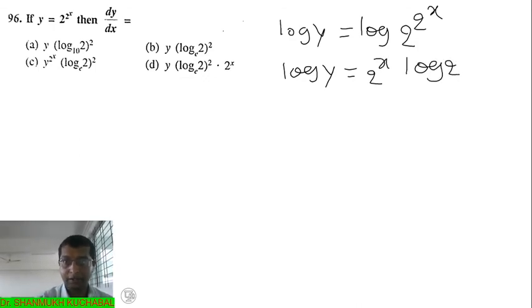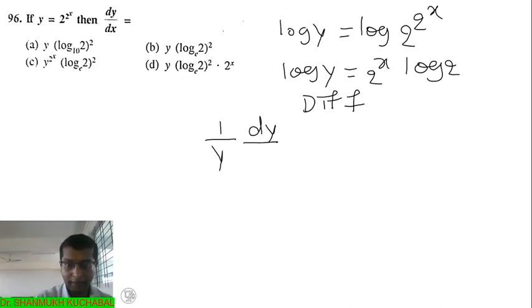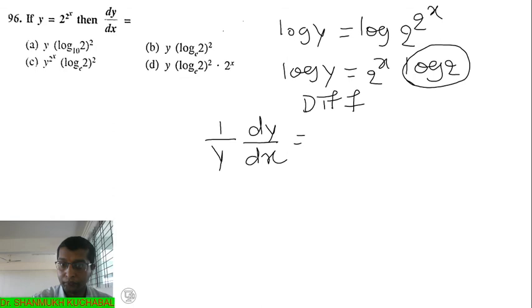Further we have to differentiate this. So the differentiation of log y is 1 by y times dy by dx, because y is a dependent variable. Then here we observe that log 2 is a constant multiplied by a variable, so keep the constant outside. 2 raised to x is in the form a raised to x.